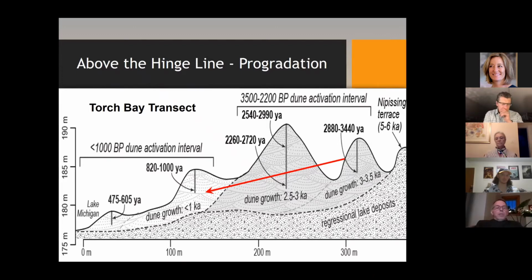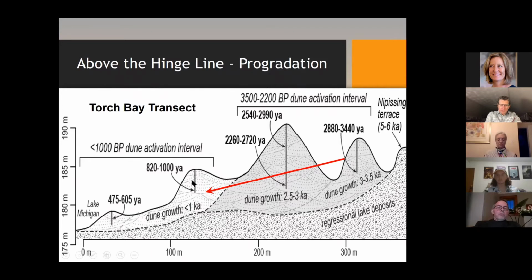Here, we've had to rely mostly on optical dating because there's not much organic carbon up there, because the dunes do not grow upward. And what you see here is a date of 3,400 to 2,800 years ago. This is the Nipissing Bluff, the Nipissing Terrace, and you'll see that the sands get progressively younger as you go lakeward.